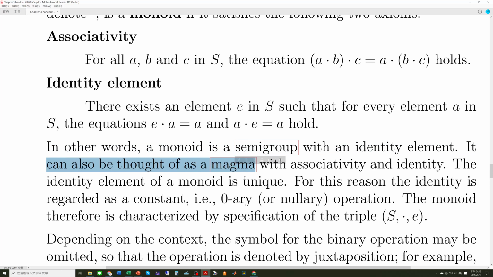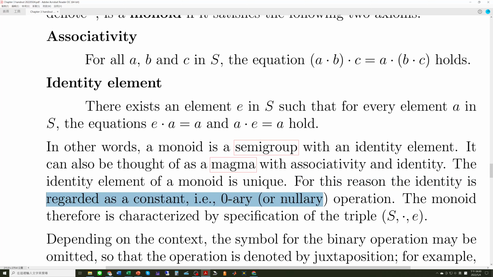We will introduce what a magma is later. With associativity and identity. The identity element of a monoid is unique. For this reason, the identity is regarded as a constant, that is, zero-arity or nullary operation.